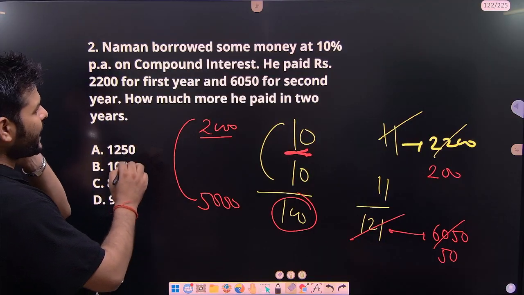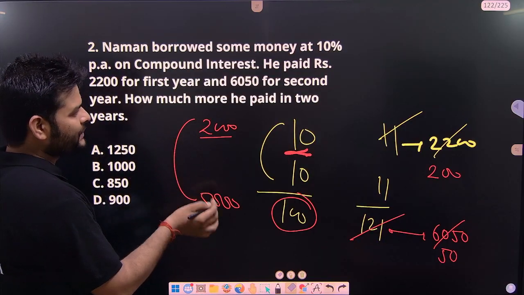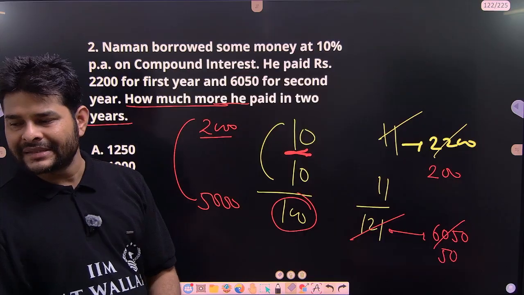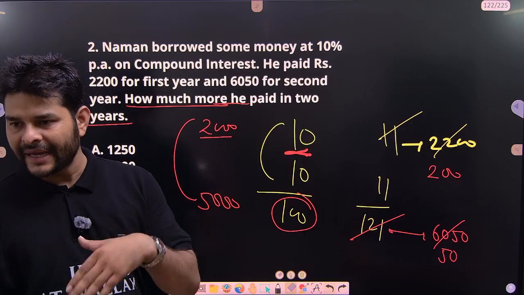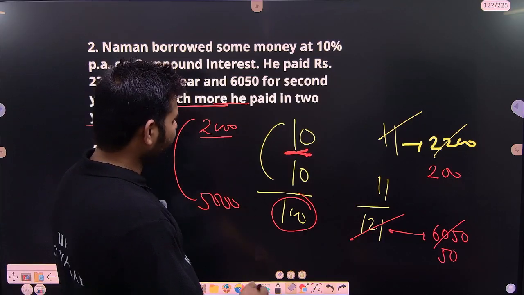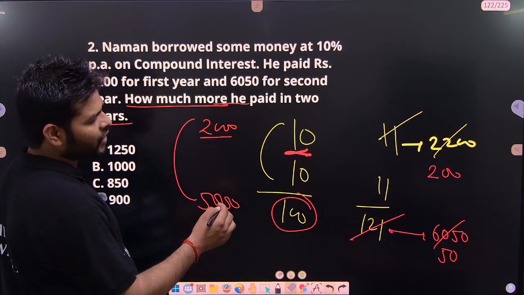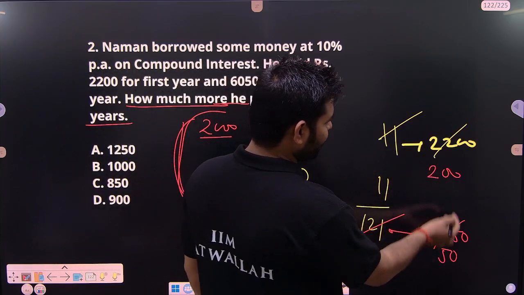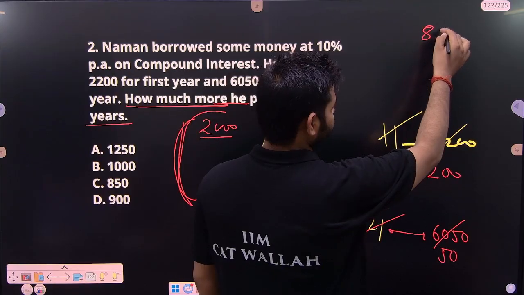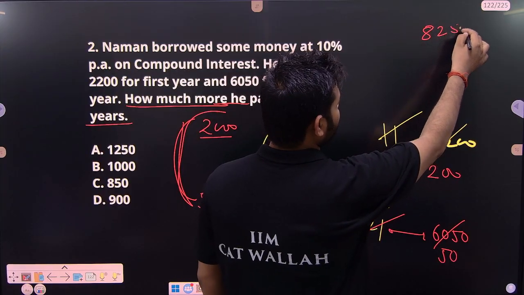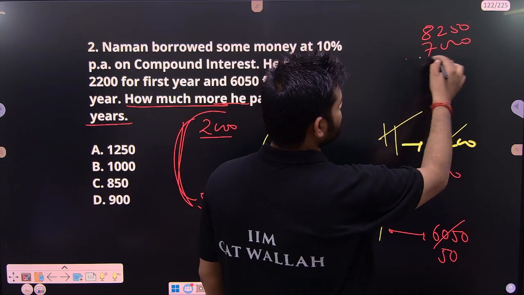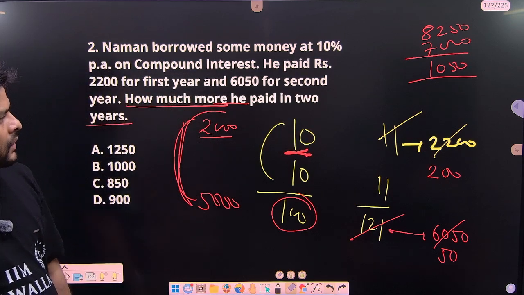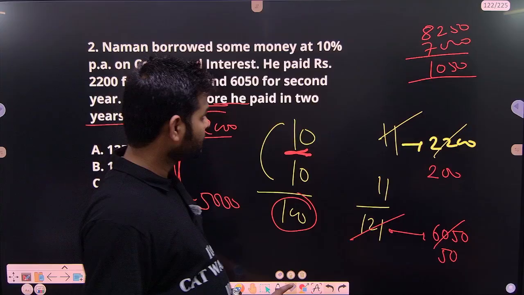But we haven't been asked for the principal. We have been asked how much more he paid in 2 years. So more means CI. The total principal was 7000 and over here the total paid is 8250, and the principal is 7000. So 1250 is the extra payment.